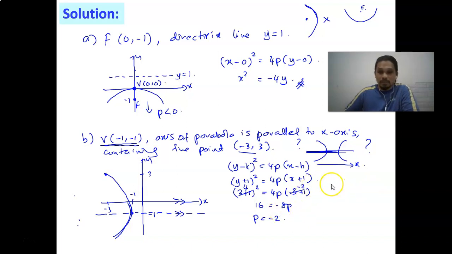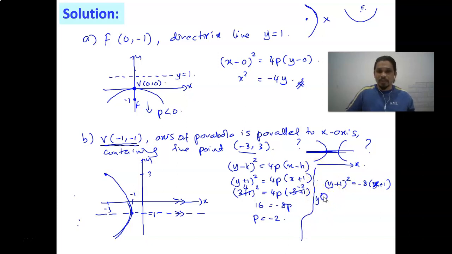we substitute everything into the standard equation of the parabola, which is y plus 1 squared equals 4 times p, and p is negative 2, so negative 2 times 4 equals negative 8, times x plus 1. Okay, y plus 1 in brackets squared equals negative 8 times x plus 1.